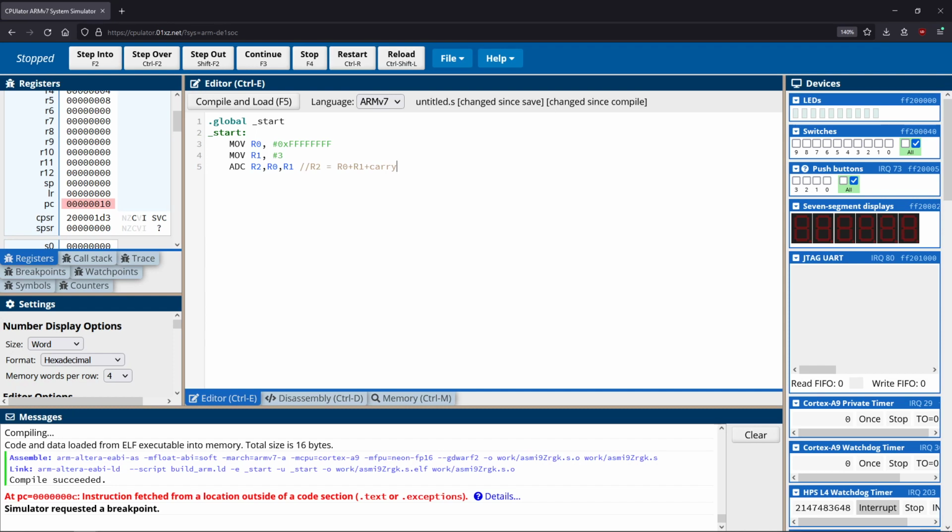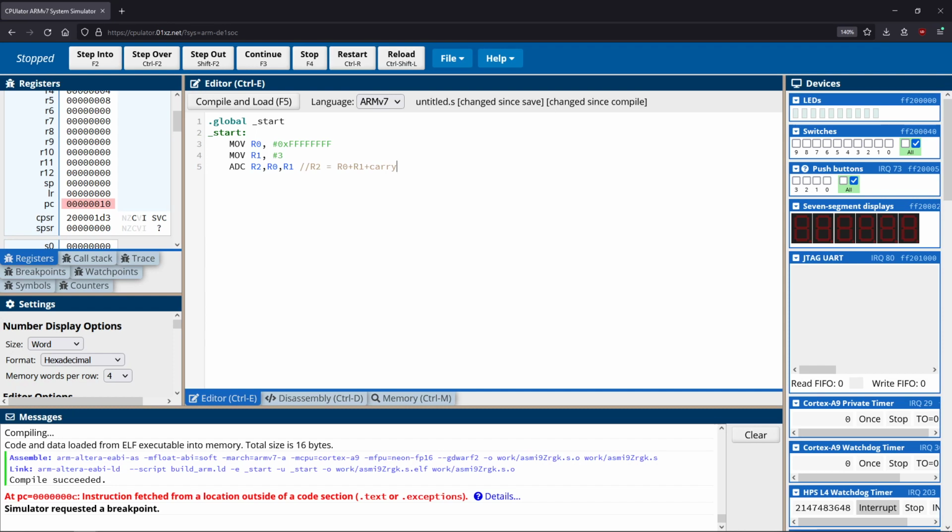So the carry will basically be a 1 if this flag is set equal to 1, or it will be a 0 otherwise. So it's either 0 if the carry flag is not set, or 1 if the carry flag is set. That's the way this ADC operation works.